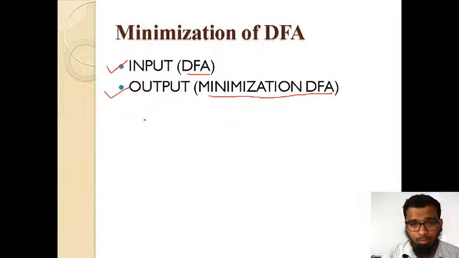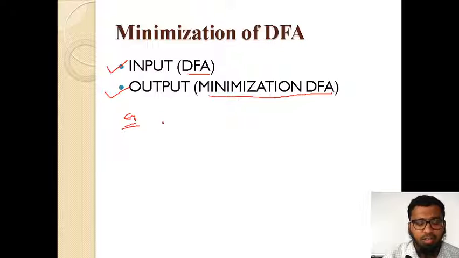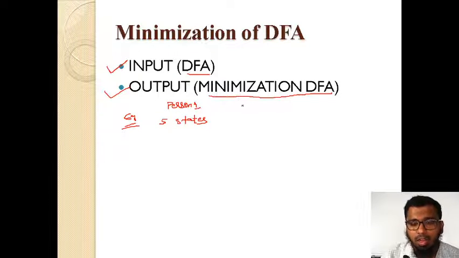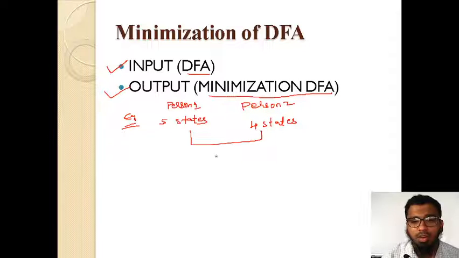What is this minimization? For example, suppose one person is completing a task with 5 states, and a second person, person 2, is taking 4 states to reach the final state, and both get the same result.